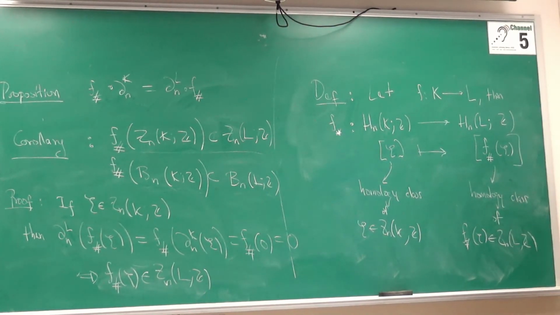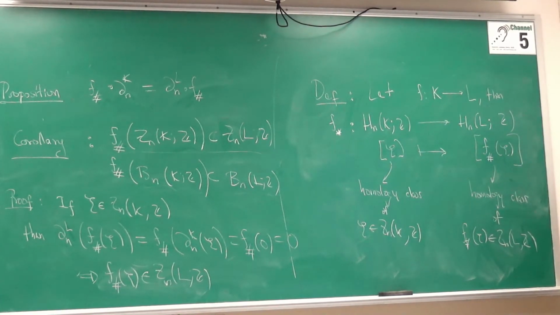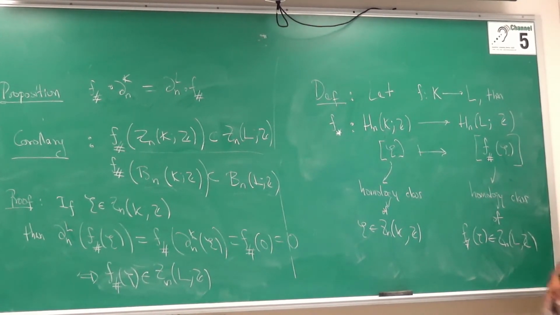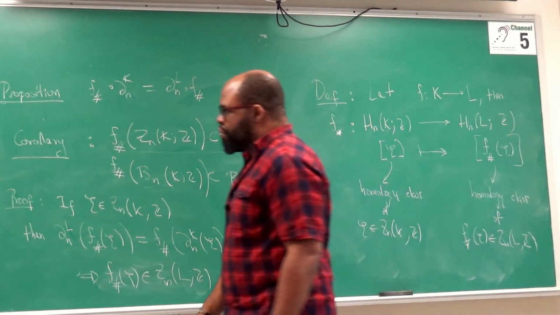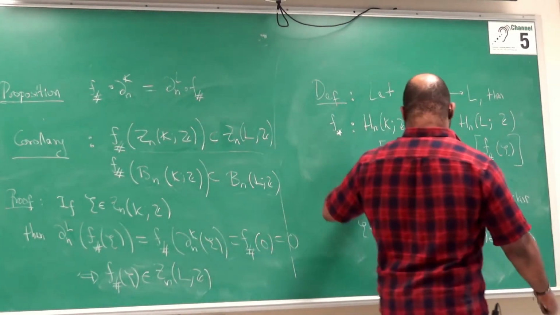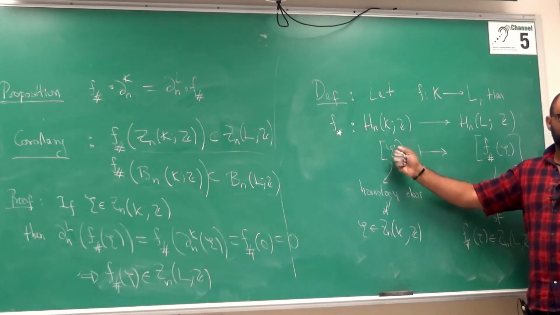And we found a way to compare homologies of different simplicial complexes, starting from a simplicial map at the level of K and L. The last corollary that we proved, that if I take two that are homologous, then their sharps are also homologous, tells us that this F star is well defined, meaning that the thing that I get here on the right does not depend on my choice of representative.